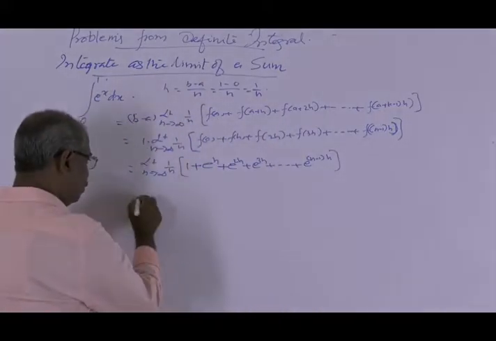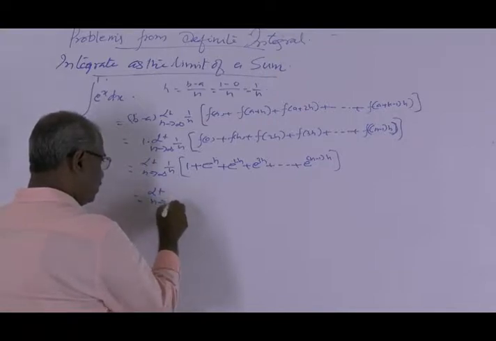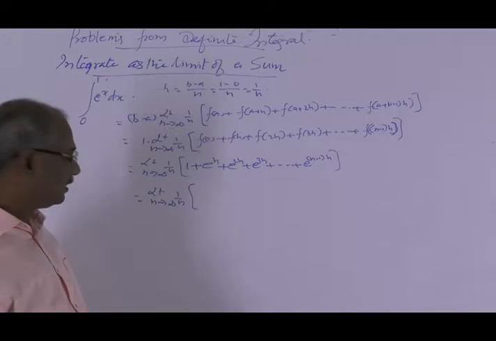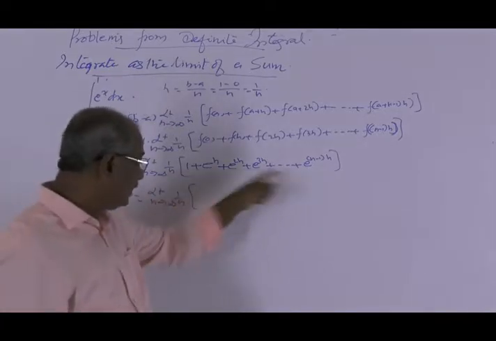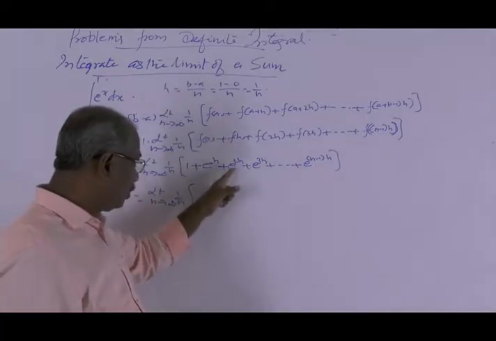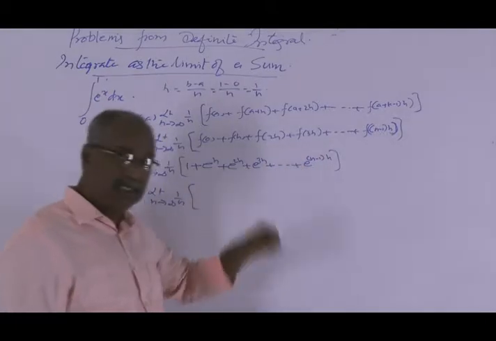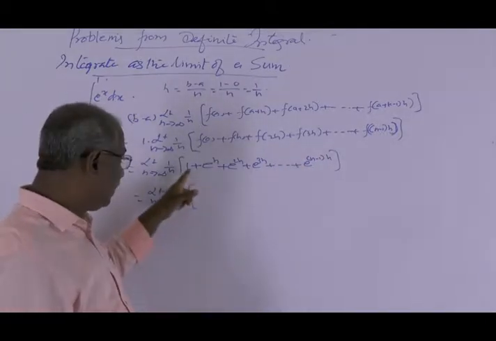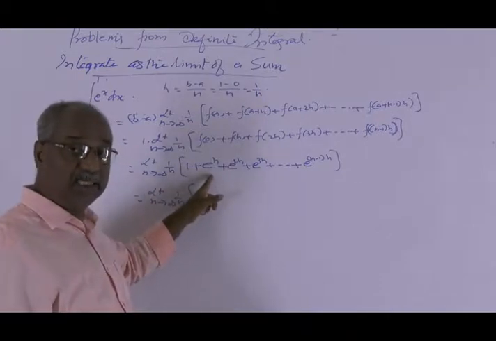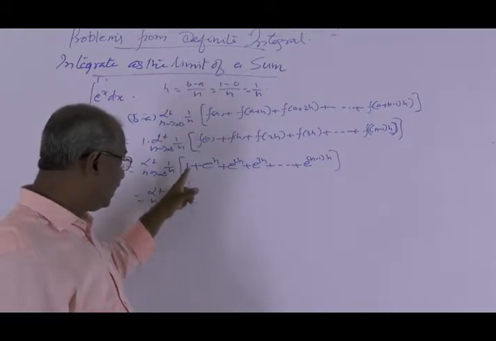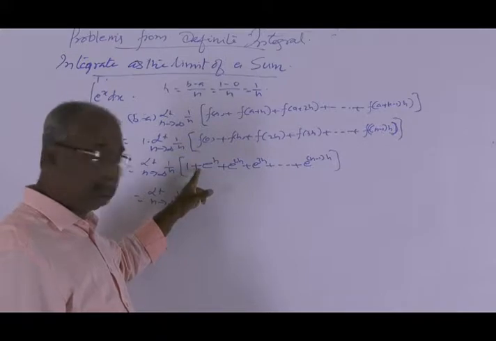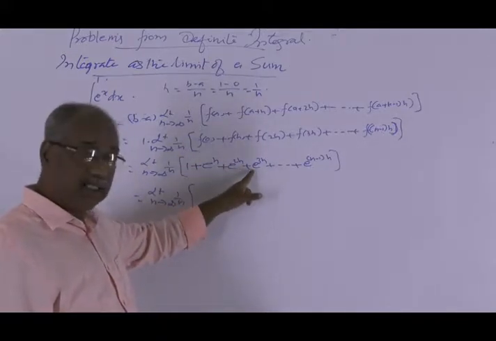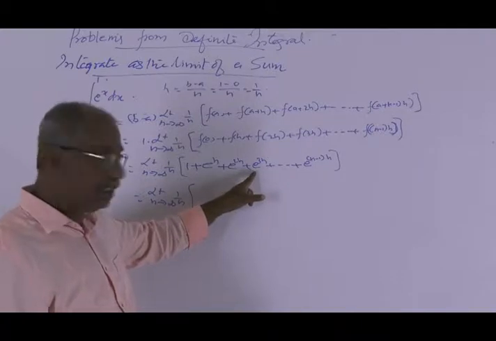And this is equal to limit n tends to infinity 1 by n into the sum of this series: 1, e raised to h, e raised to 2h, e raised to 3h, etc., e raised to (n minus 1)h. This is a GP with first term a, common ratio e raised to h: ar is e raised to h, ar squared is e raised to h whole squared, ar cubed is e raised to h whole cubed.